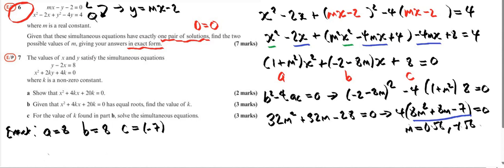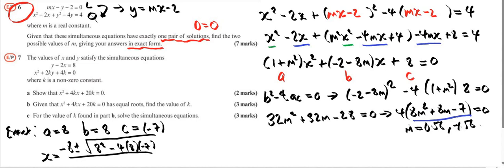So all you do is use the quadratic formula. x equals minus 8 plus or minus the square root of 8 squared minus 4 times 8 times minus 7, and all of that is divided by 2a.